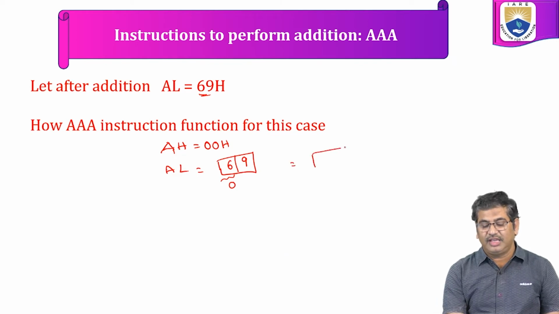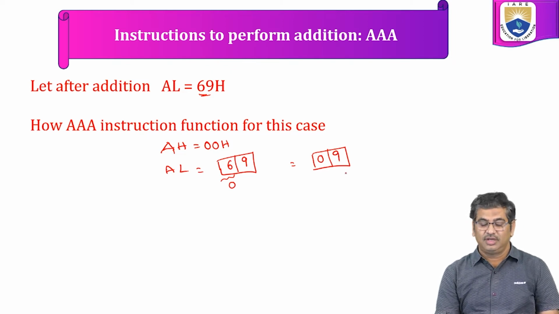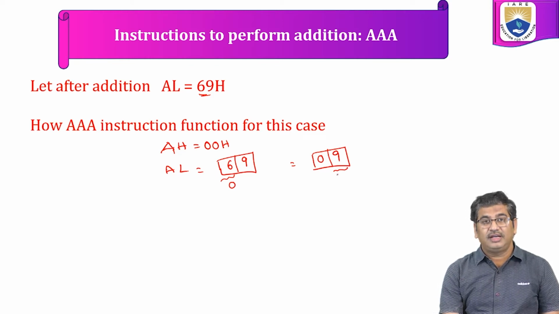So by clearing the upper nibble, we get the AL register content as 09H. Now examine the lower nibble. The lower nibble of the AL register satisfies less than or equal to 9, as it is a valid BCD number. So there is no need to alter the AH and AL contents.